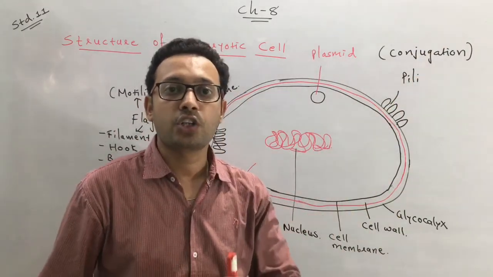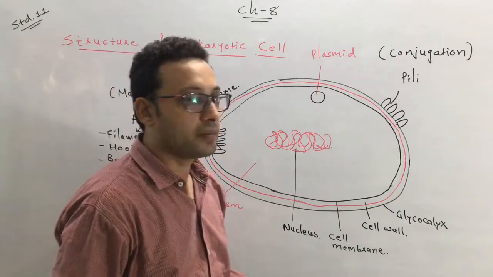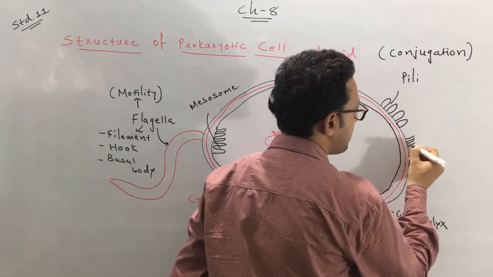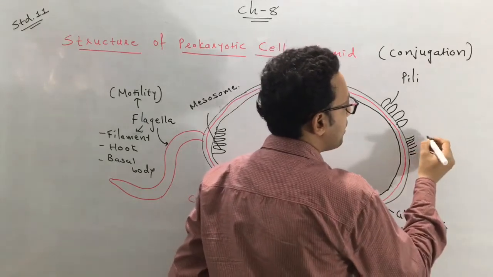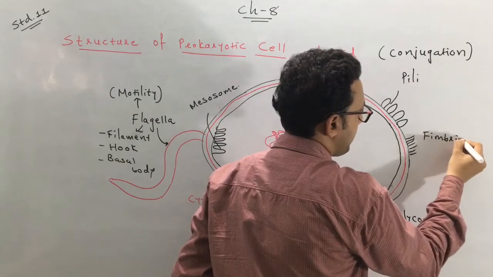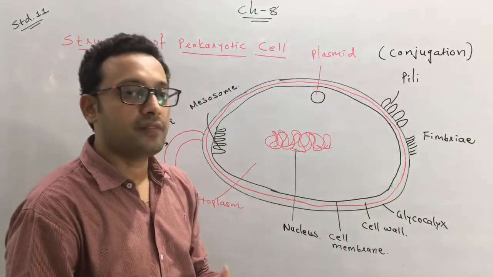Okay, a small tubular process that arises from the surface of a cell. Apart from that, some bacteria also possess small bristle-like structures that arise from it. These are called fimbriae.